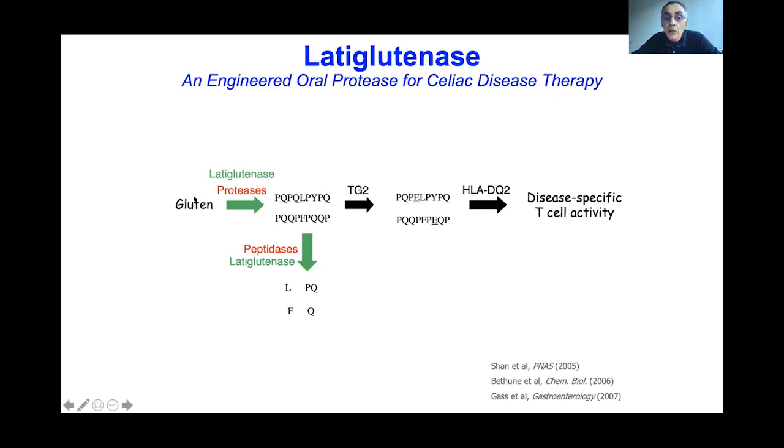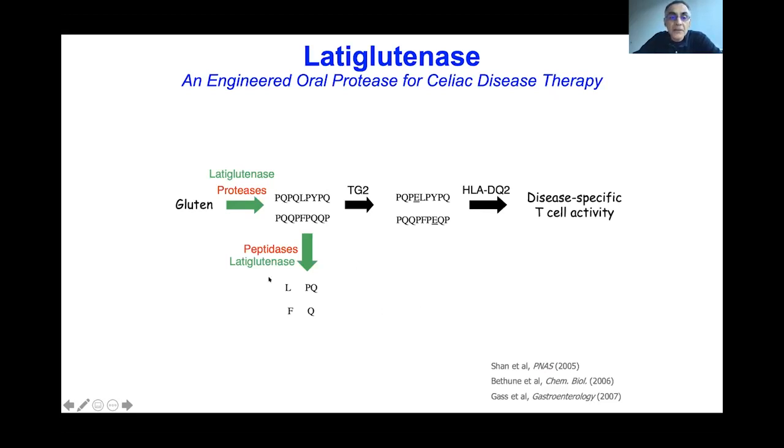But in gluten, you have a different story because some of these peptides that I showed you in the previous slide build up in a very significant way. And so the thinking that Lu Shan and Michael Bethune and John Gass in my lab over the years developed was that you might be able to engineer proteases that have the right kind of selectivity, that they can recognize these epitopes in the mixture of food that one consumes and alleviate this rate limiting step in the breakdown of gluten proteins that we consume.